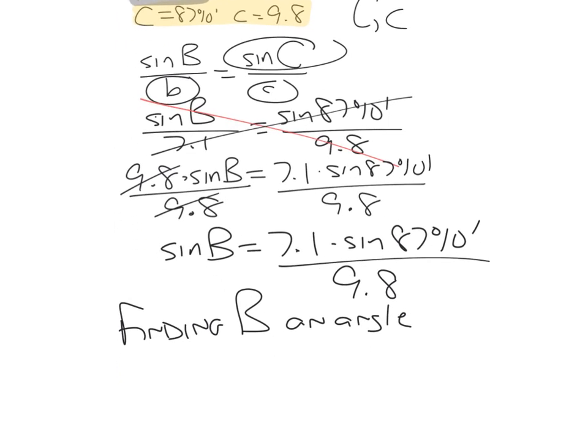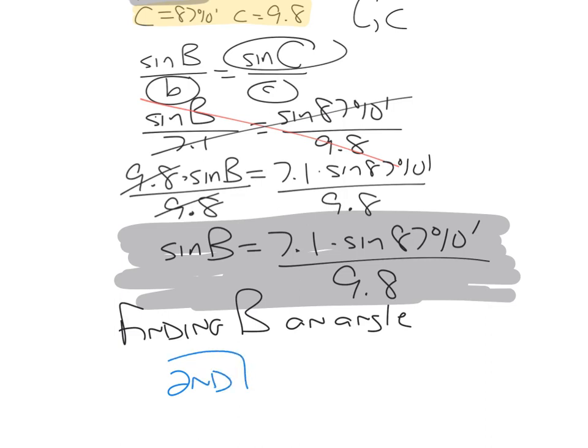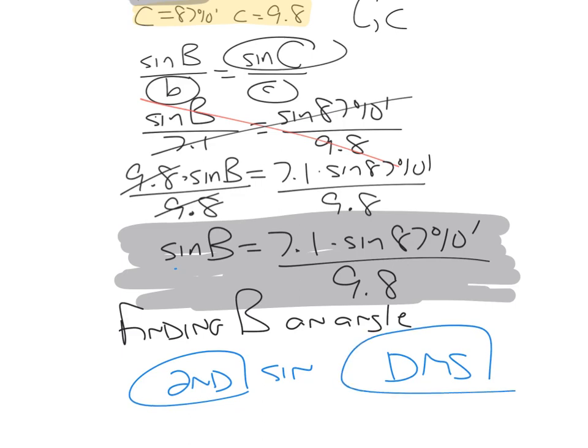So when I enter this expression into my calculator, I have to first press the second button, and then I have to DMS my answer. Since I'm finding an angle, you press the second button, and then in this case, sine, and then we're going to DMS our answer. Take a minute, enter that expression into your calculator, and include that photo on your assignment.